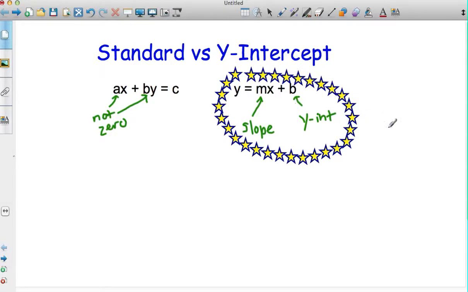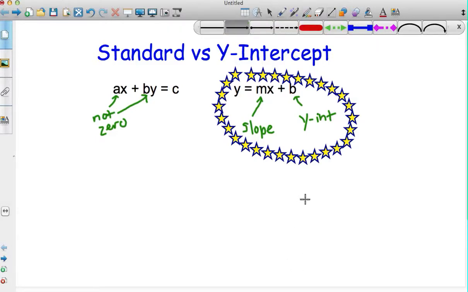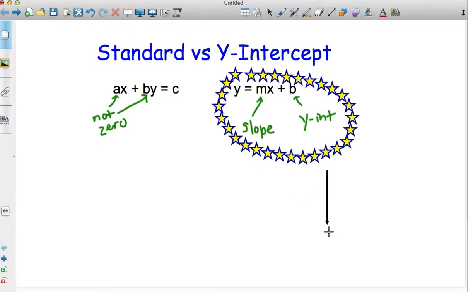We'll be working a little bit with that in terms of why that's best and do some examples with it. So I'm just going to start briefly with doing the y-intercept if I need to graph it.